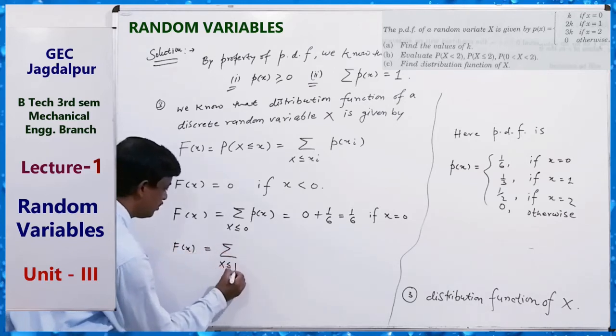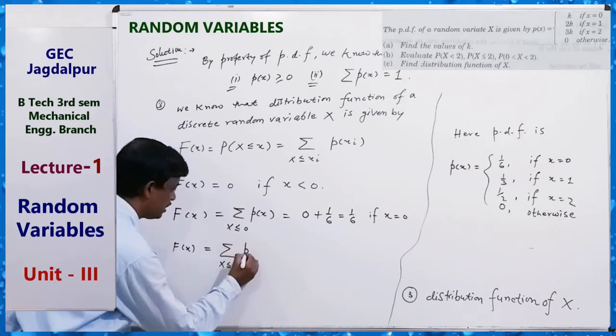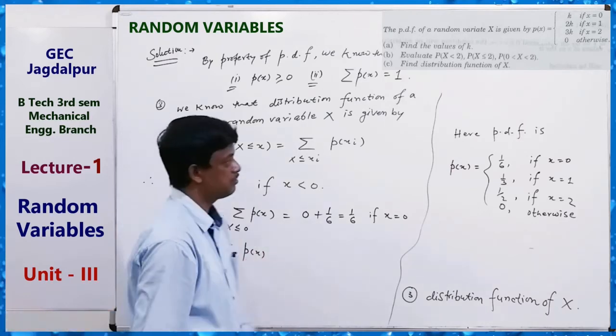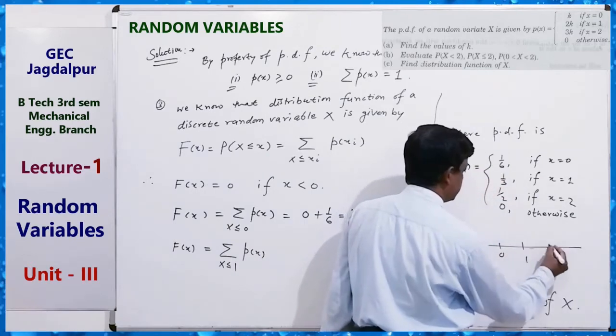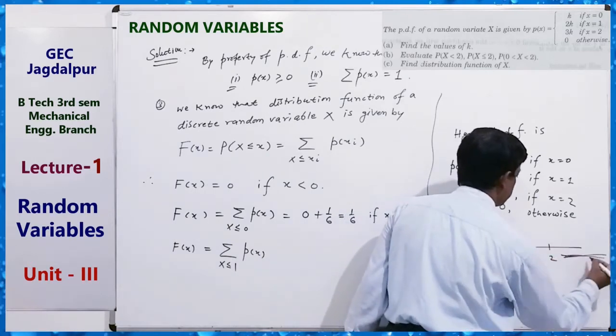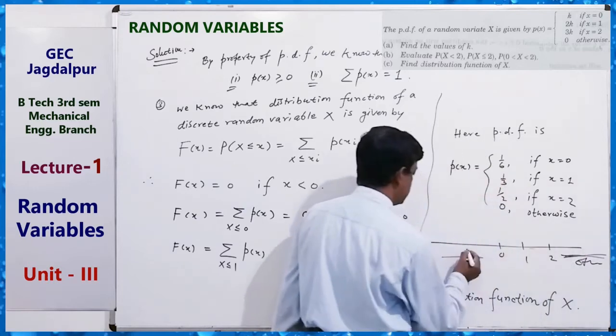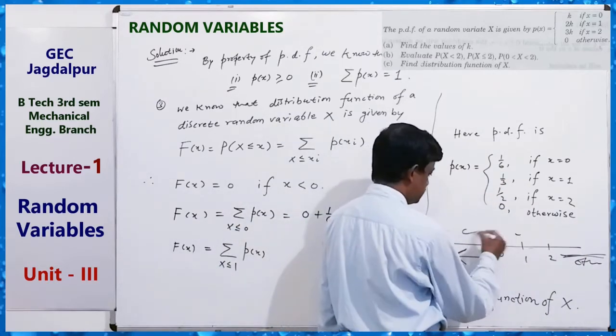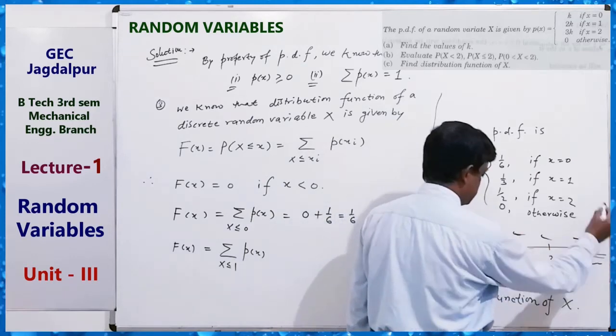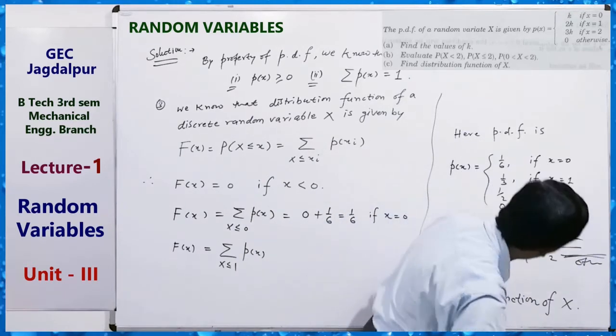Also, x less than or equal to 1, the sum of P(x), step by step. Here like this, 0, 1, 2, otherwise the remaining parts and the less than part. So step 1: this part, this part, this part, this part and this part. There are how many parts? 5.